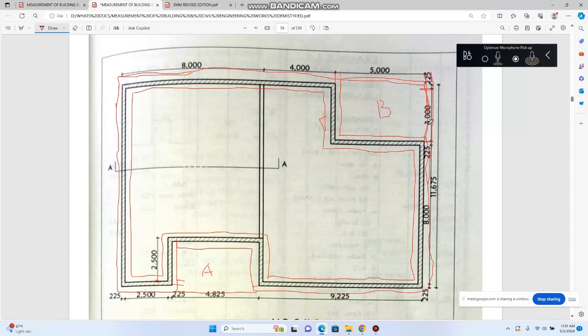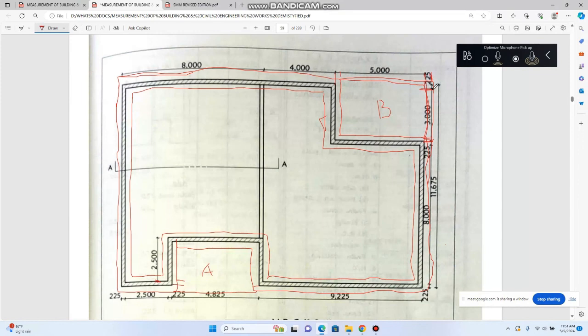So it shall be 3,000 minus 225. 3,000 minus 225, what shall we get? Someone? 3,000 minus 225? 2775. Yes, 2775. From here up to here.